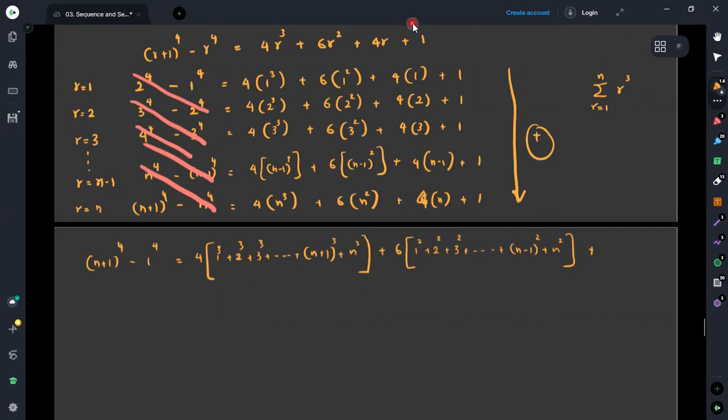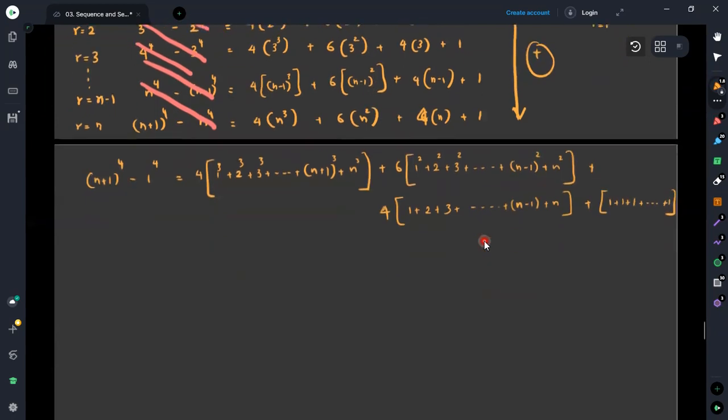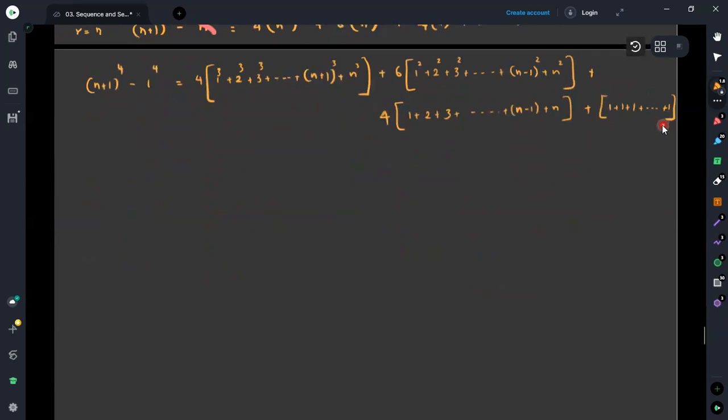Then we have plus 4 times 1, 2, 3, n minus 1, and here we have the summation of ones for n number of times. You can see that there are n number of ones, so we can take this quantity as n.